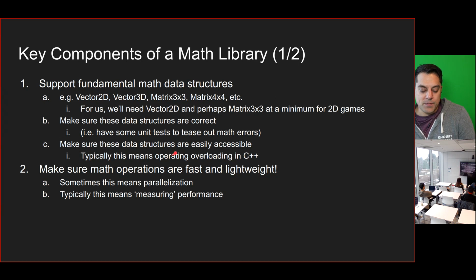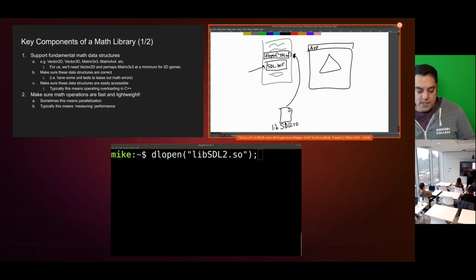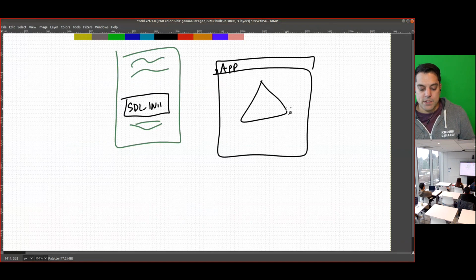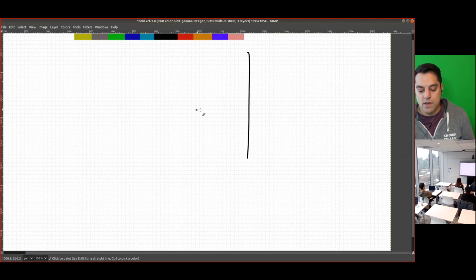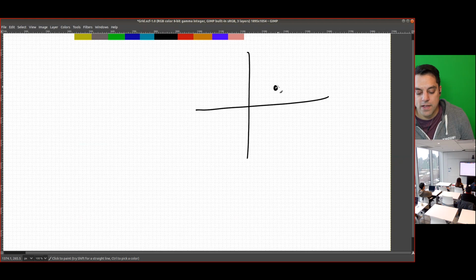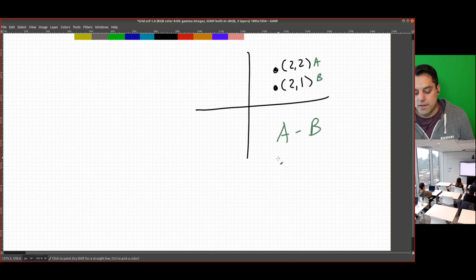We want these libraries to be relatively easy to use as well. So that means little things like, for instance, and let me just show an example. If I have a little grid here and I have a point here at some location and another point here at some location, if I wanted to subtract these points, point A and point B, it's kind of nice if in my interface I can just do A minus B, rather than doing A subtract B or whatever.